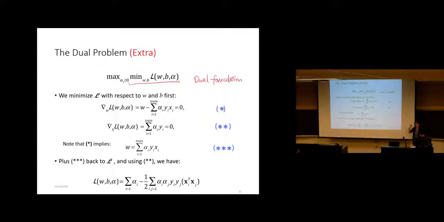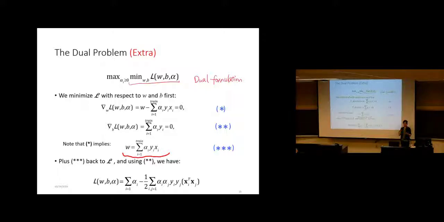Actually, if you have some kind of numerical optimization background, it's not that hard. In the end, the whole idea is still that you take the loss function with respect to W, set the gradient to 0, hopefully this is the best W. The loss function with respect to b, get the gradient, set it to 0, it gets the b. So these two formulas for W can be reformulated into a formulation related only to alpha i, yi, and xi.